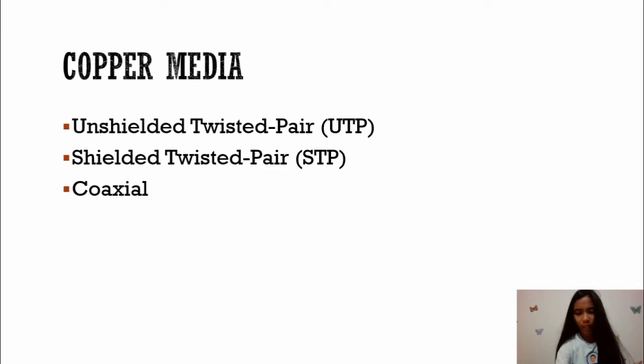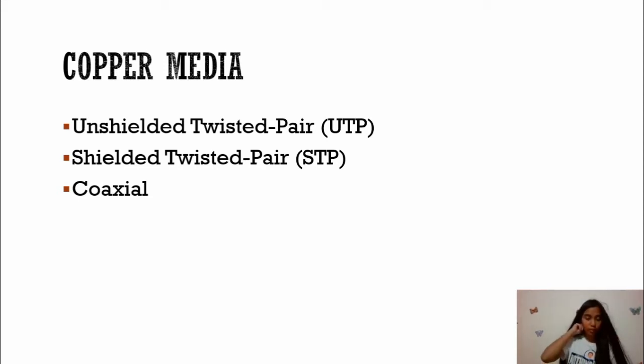We have the outer jacket, which protects the copper wire from physical damage, and the twisted pair, which protects the signal from interference. The color-coded plastic insulation electrically isolates the wires from each other and identifies each pair.